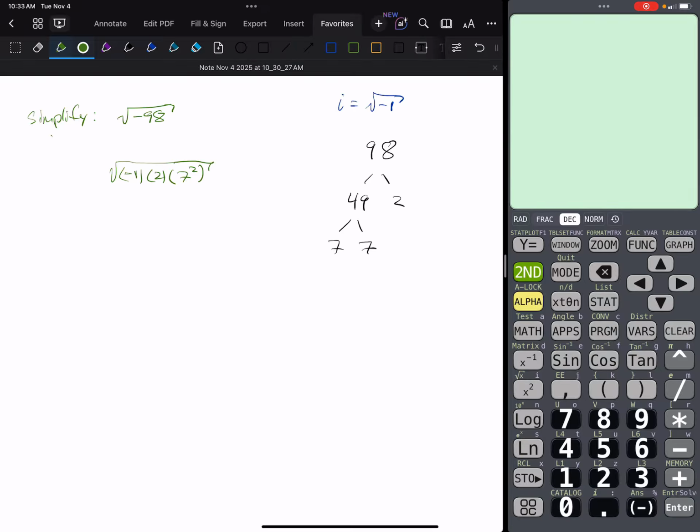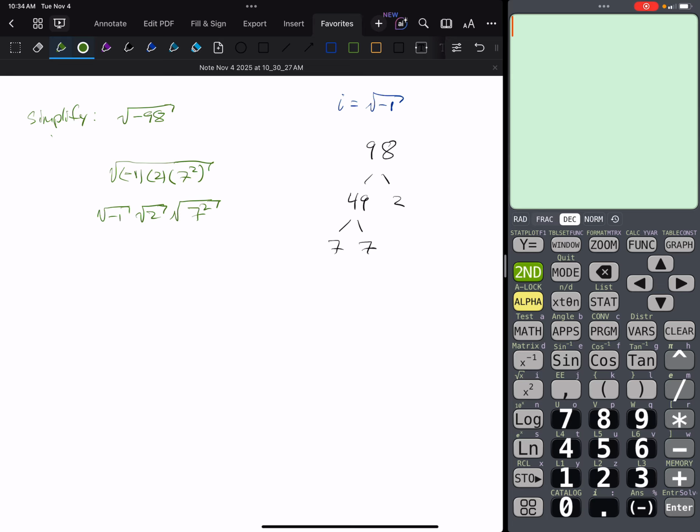I can break it up around multiplication, not addition. Absolutely not addition. But I can break it up around multiplication. And so that'll give me the square root of -1, the square root of 2, and the square root of 7 squared. Well, the square root of -1 is my i up here. The square root of 7 squared is 7.